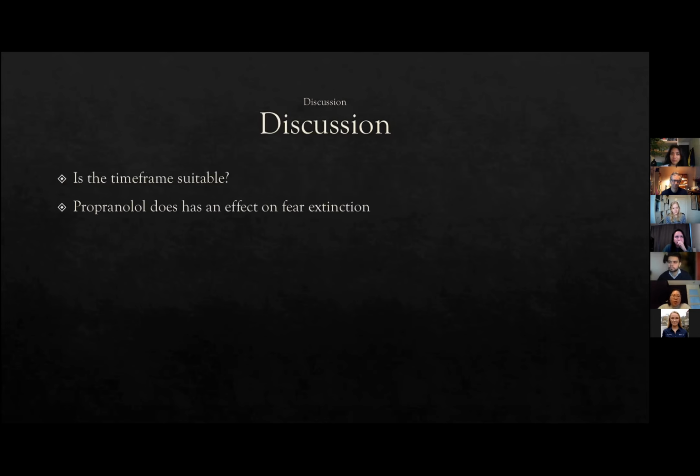Next slide. So there are some points in our model that we think you still have to think about, which is the time frame of the propranolol. That's a point where we chose what for us was logical from the literature, but in the literature it was hard to find when exactly is the right moment to administer propranolol, because it was important to first activate that fear response, then administer propranolol to make it able to learn and almost rewrite the old memory.